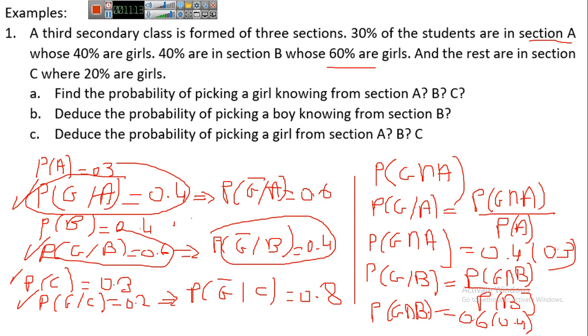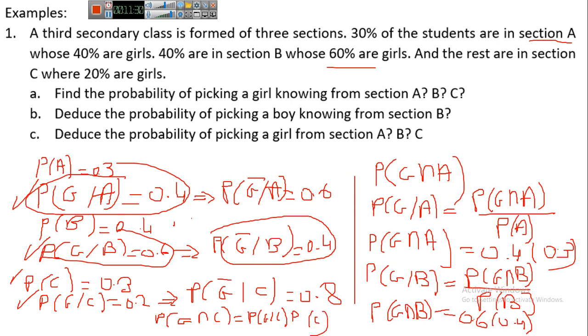And similarly, P of girl intersecting C will be P of girl knowing C times P of C, which is 0.3 times 0.2.